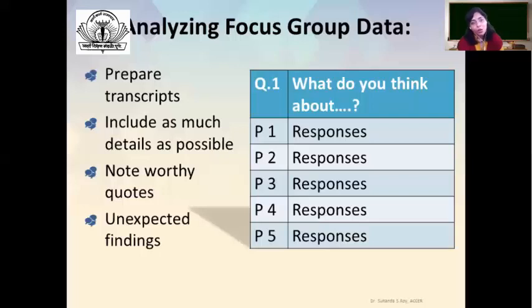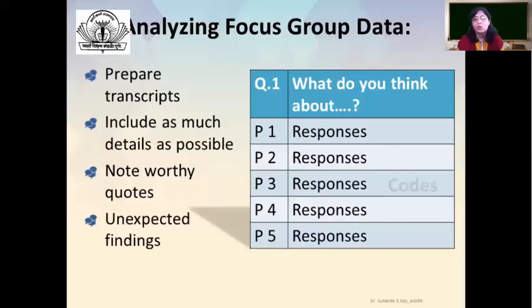Now, when you're doing your own analysis, you may use the names. But otherwise, you can put it as P1, P2, that is participant 1, participant 2, 3, 4. And then you write down their responses, a kind of summary of their detailed response.